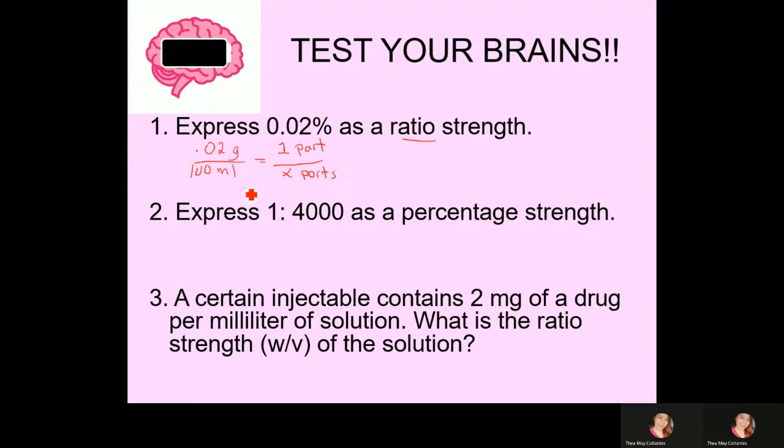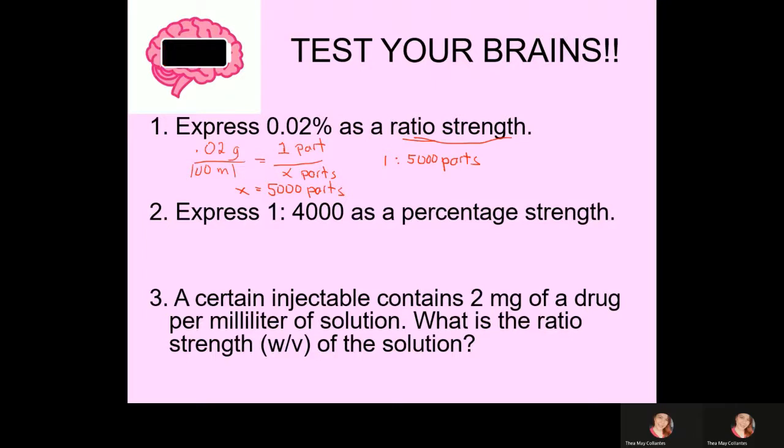So in order for you to get the X part, that would be 100 divided by 0.02. So we have about 5,000. Yes, 5,000 parts for this one. So we have 1 is to 5,000 parts as your ratio strength. Okay, for 0.02%.